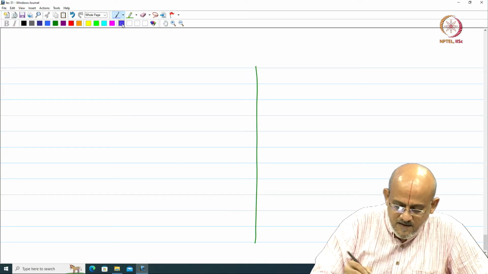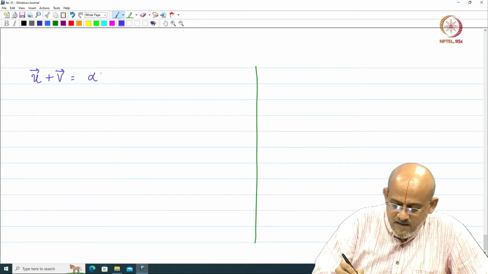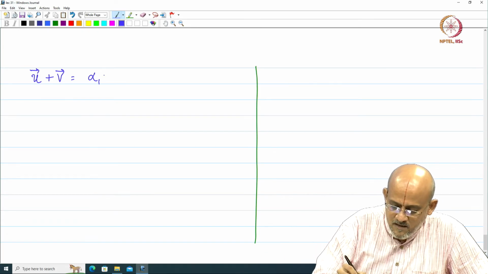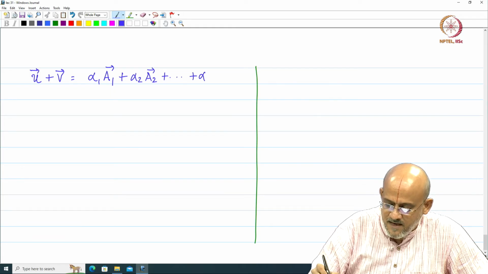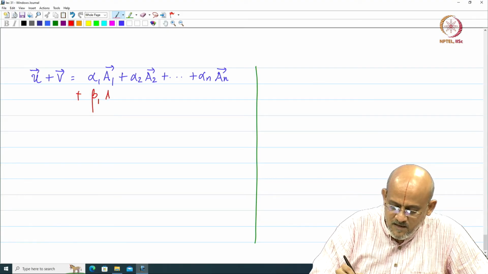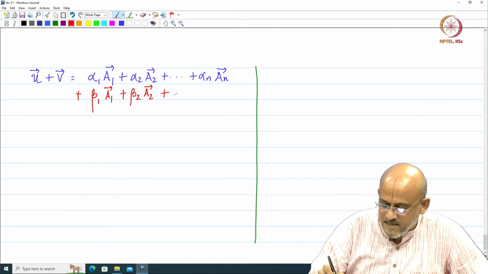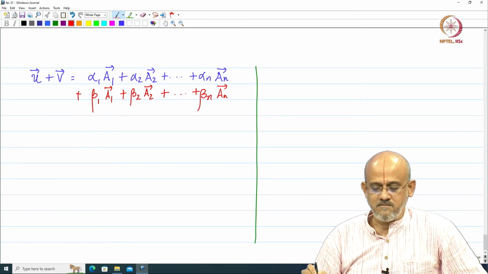So, what we have u plus v is equal to, we had alpha 1 a1 plus alpha 2 a2 plus etc. plus alpha n a n, that is basically my u vector, and then plus beta 1 a1 plus beta 2 a2 plus etc. plus beta n a n, right.